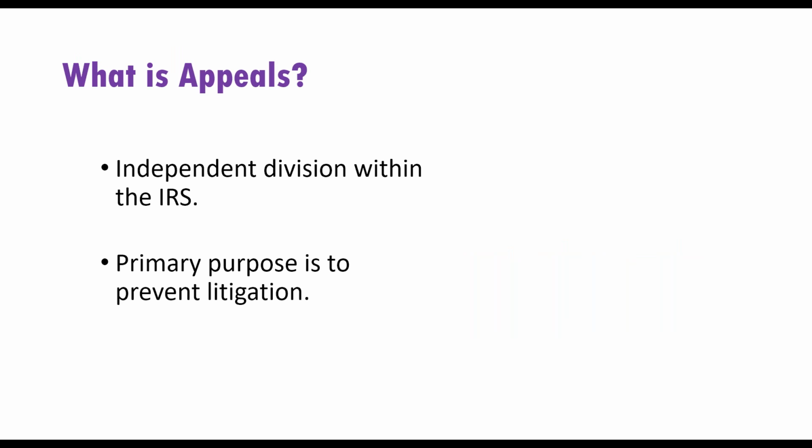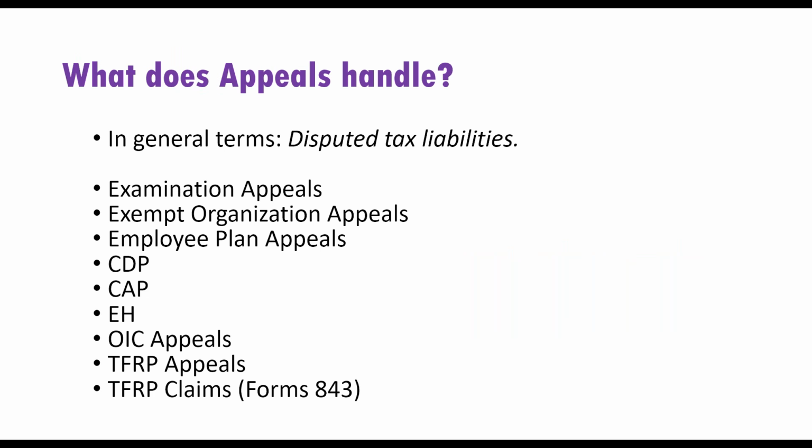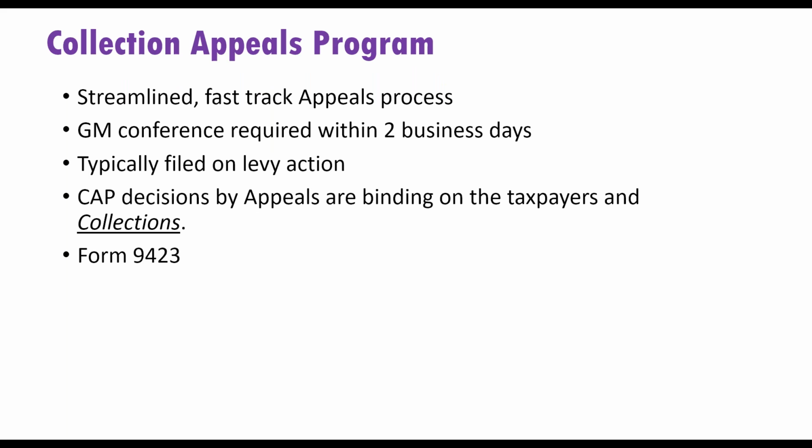Real quick, appeals. Appeals is an independent division within the IRS that is tasked with preventing litigation. They handle a lot of different aspects of disputed tax liabilities. In your practice, you'll find two primary things you're going to use appeals for. Number one is the CAP program, Collection Appeals Program.